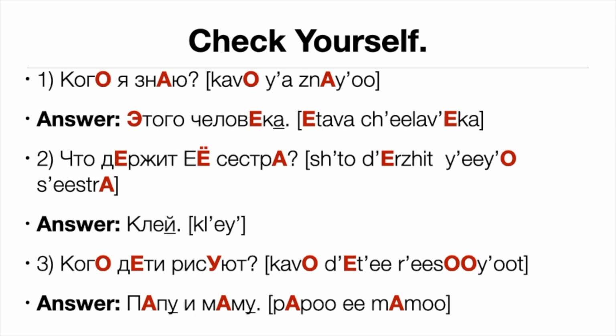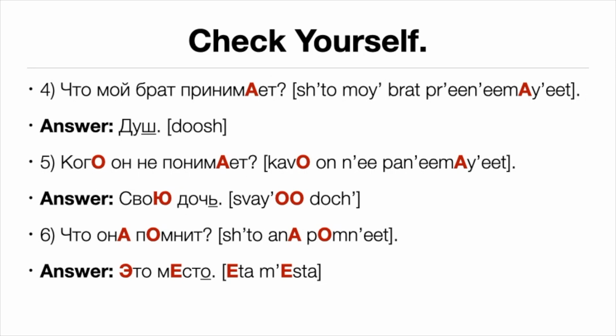Кого дети рисуют? Answer: папу и маму. Number 4. Что мой брат принимает? Answer: душ. Number 5. Кого он не понимает? Answer: свою дочь. Number 6. Что она помнит? Answer: это место.